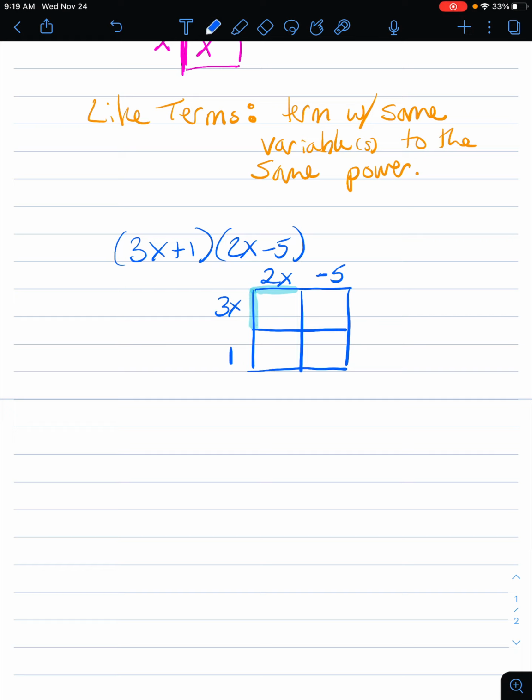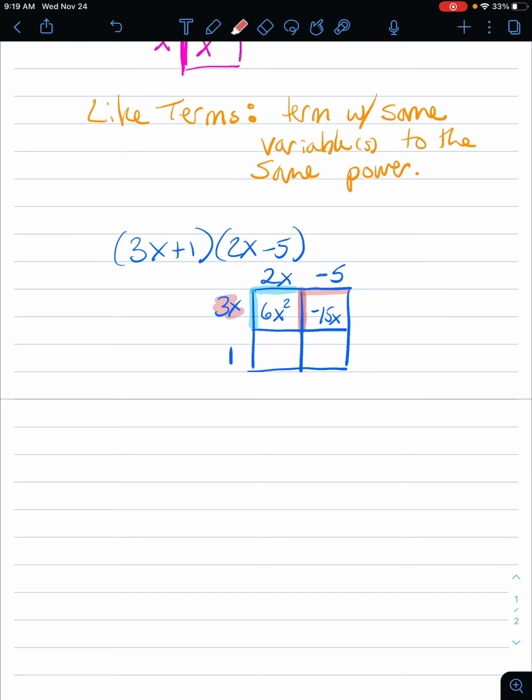That's the dimension of that rectangle. And if I multiply them together, I get 6x squared. Then we have a negative 5 by 3x, because this guy is in charge of this piece here. So 3x times negative 5 is negative 15x.